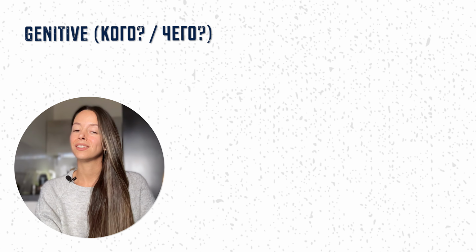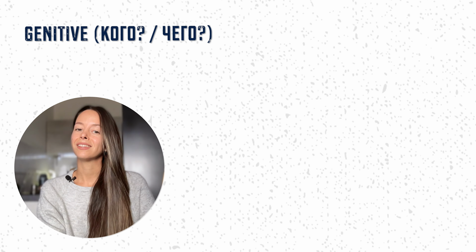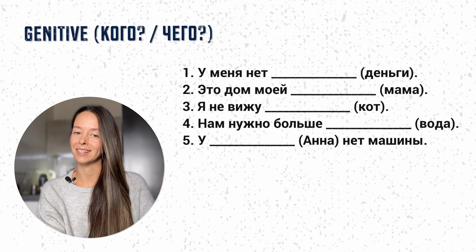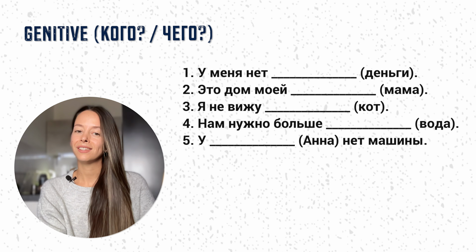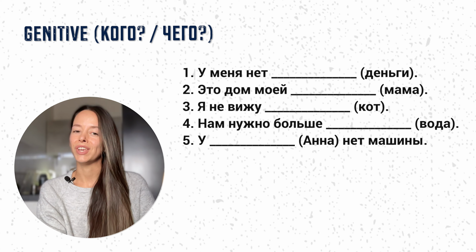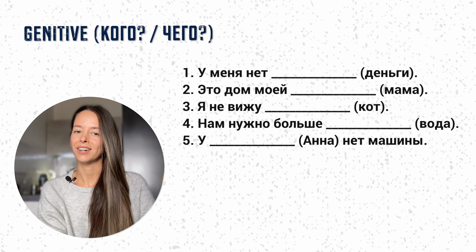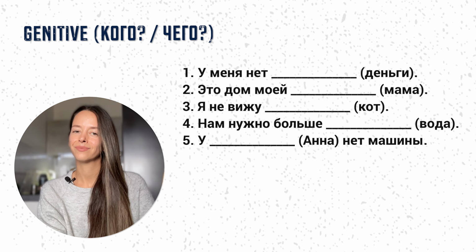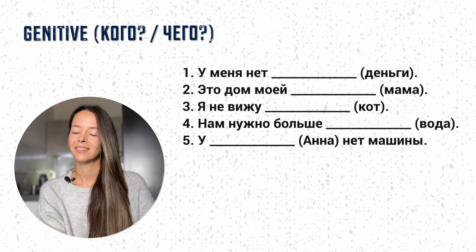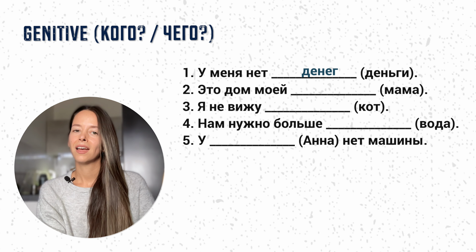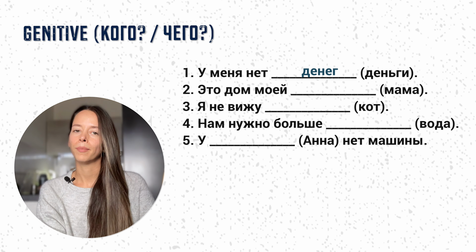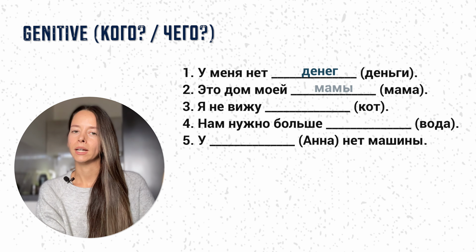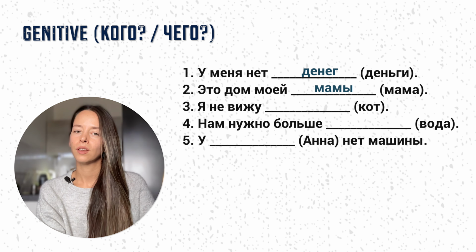Okay, now let's practice the genitive case. Your task is the same, to fill in the blanks by using the correct form of the noun in brackets. And here, in all of these sentences, we will need to use the genitive form of the noun. Let's start. У меня нет денег. Это дом моей мамы.